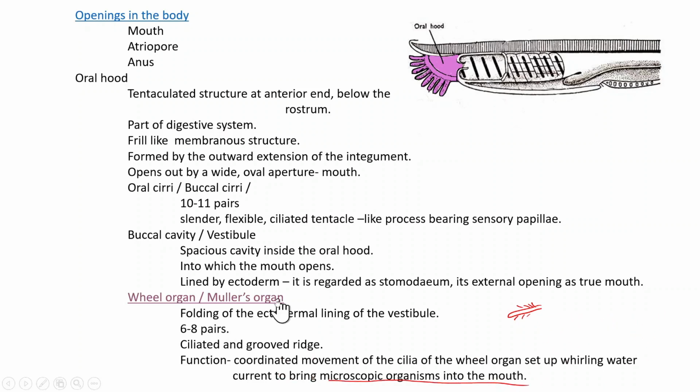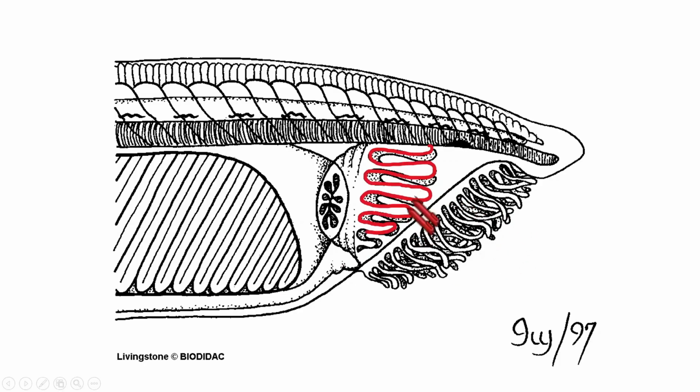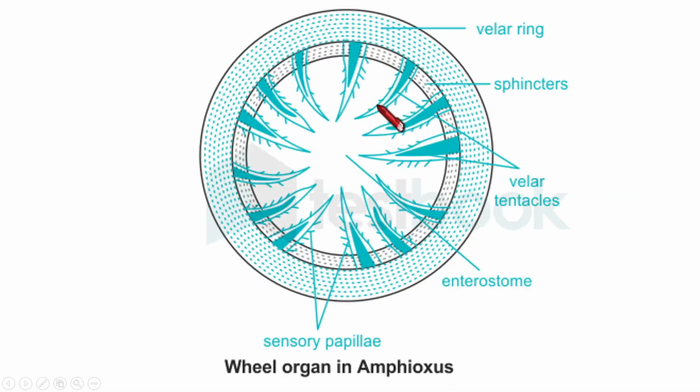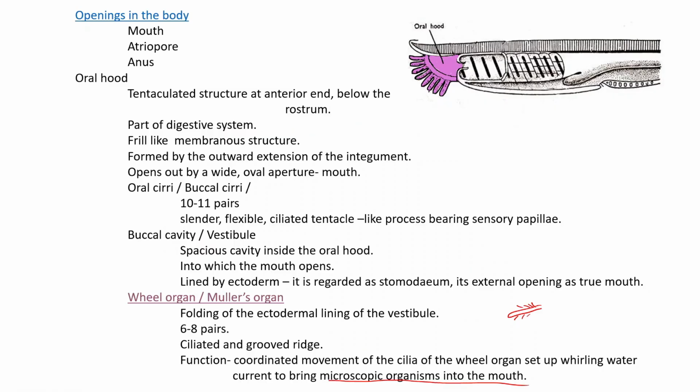So that is the purpose of the wheel organ or Muller's organ. They are foldings of the ectoderm lining of the vestibule, and it is ciliated. We can see it is ciliated. By its beating it creates a water current, and in that way can collect microorganisms.